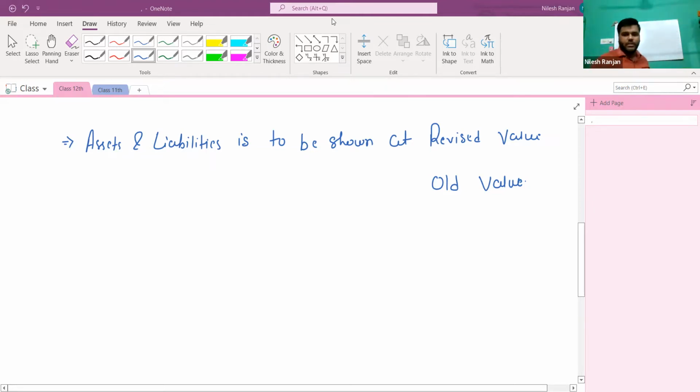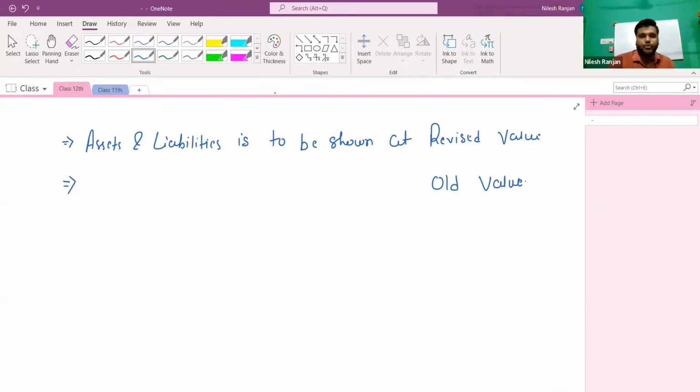Okay, so this is our first case, that is assets and liabilities to be shown at revised value, and the second case is that assets and liabilities are to be shown at old value. Okay, so what we have to do, we have to pass a journal entry for change in value of assets and liabilities.